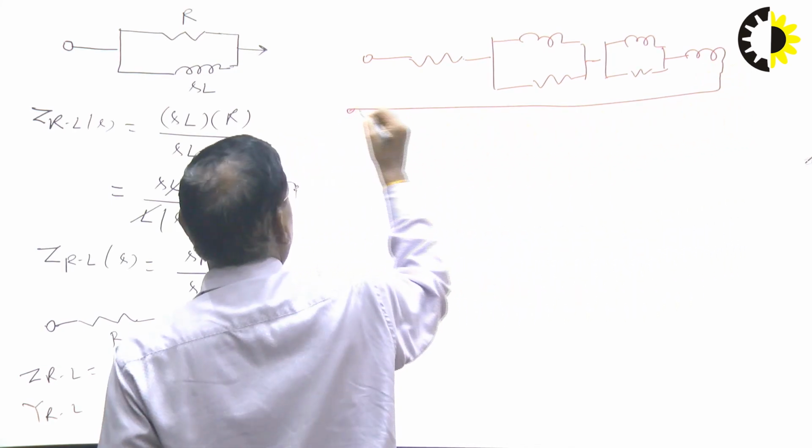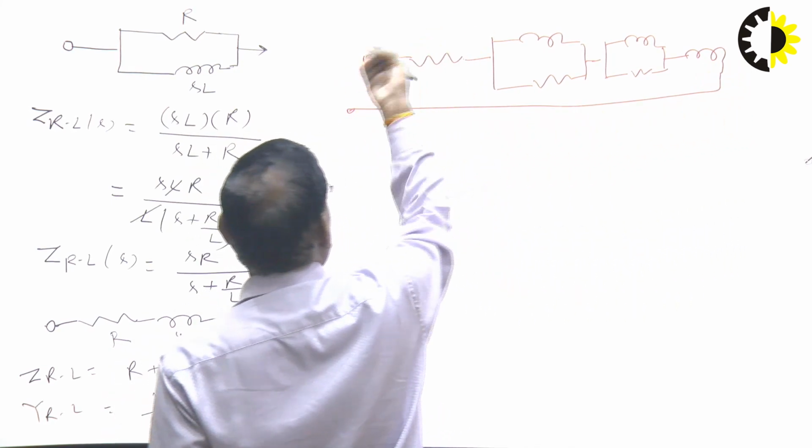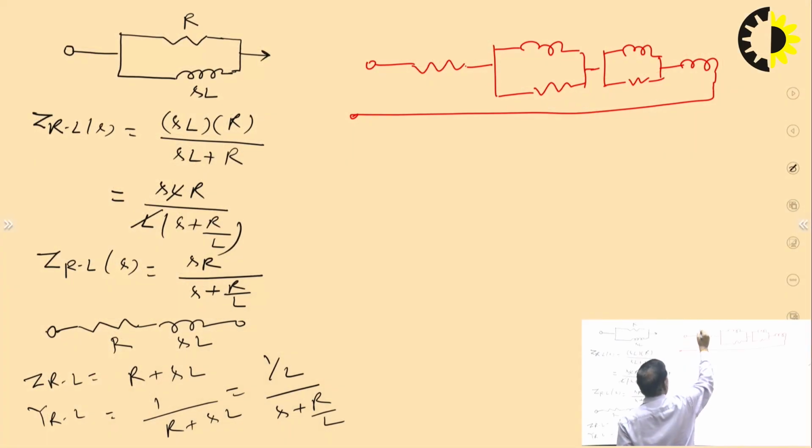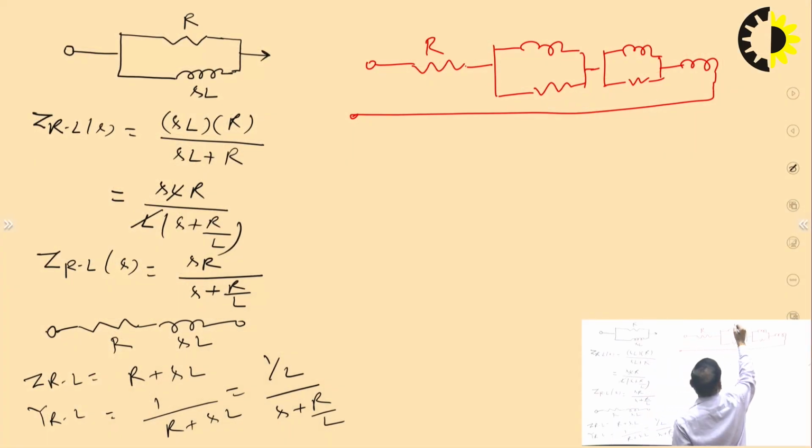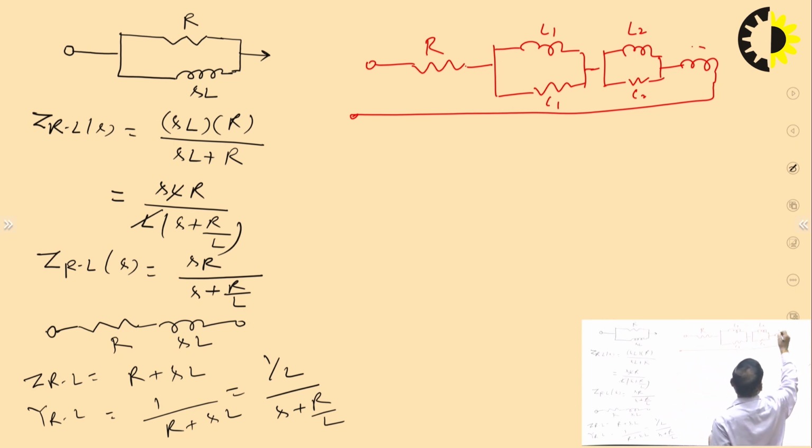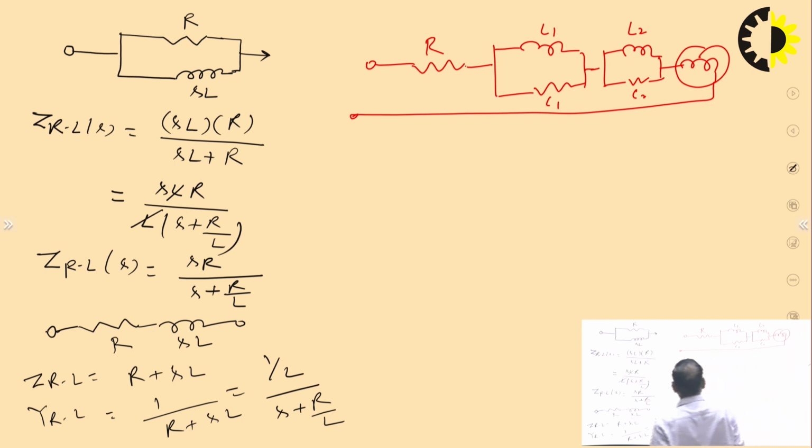If this is impedance, this is R, this is your L1, this is your C1, this is your L2, this is your C2. So from these components we get how many poles lie on the negative real axis, and this is the removal of pole at infinity. So we can get easily this and this we can identify.